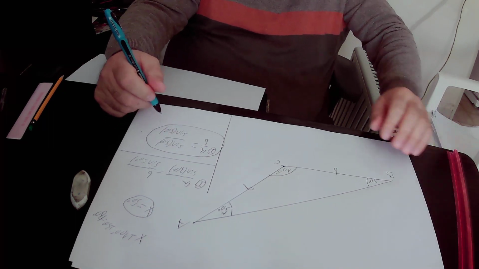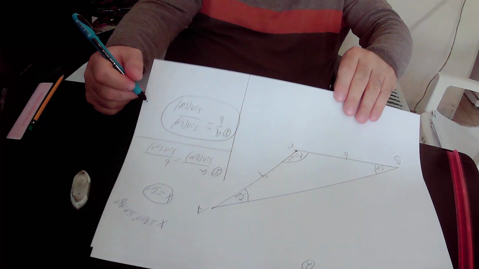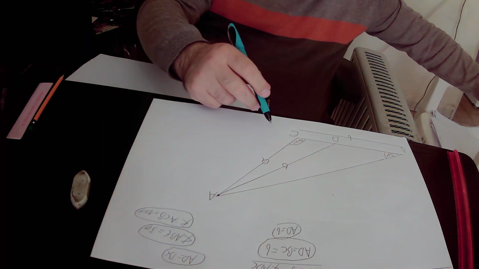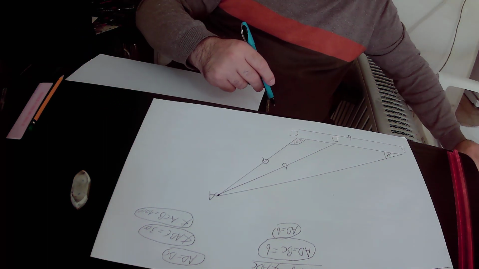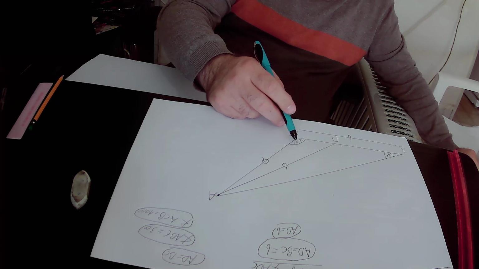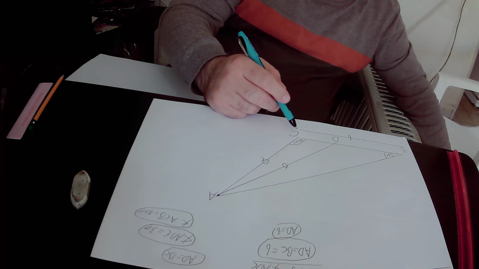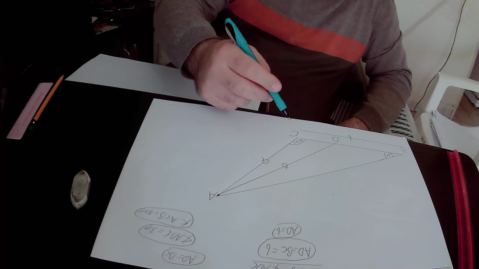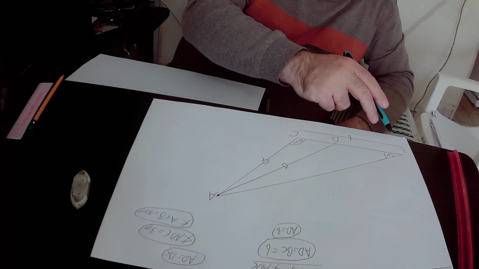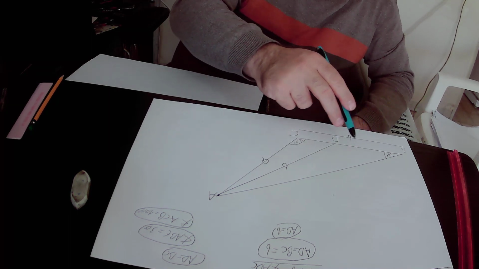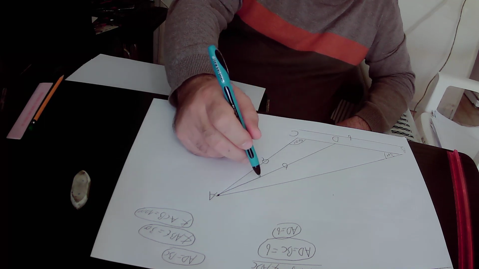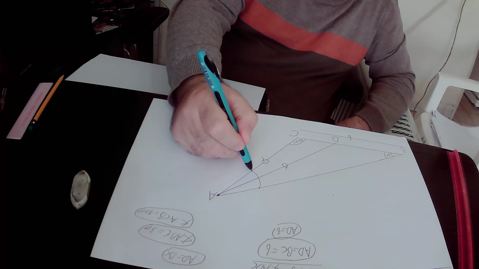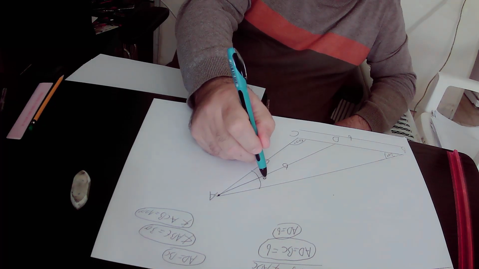In the next step, I will copy triangle ADC in a new page, and we will implement the law of sines in this triangle, triangle ADC. But first of all, we just found out that angle BAC equals 50 degrees.